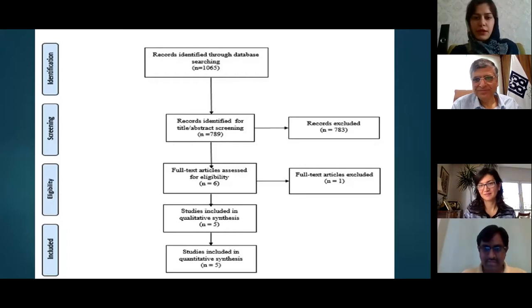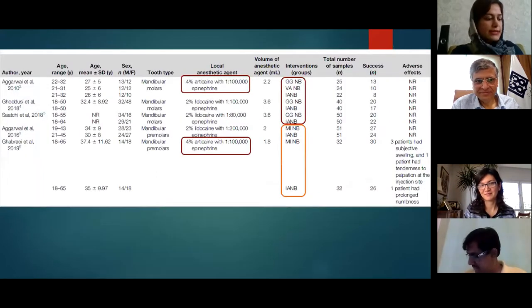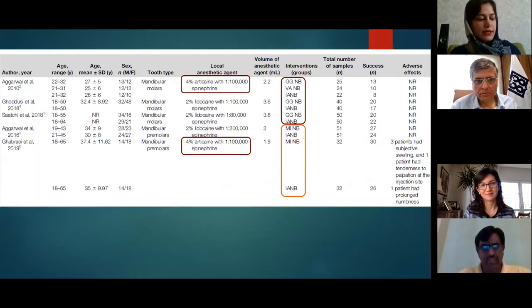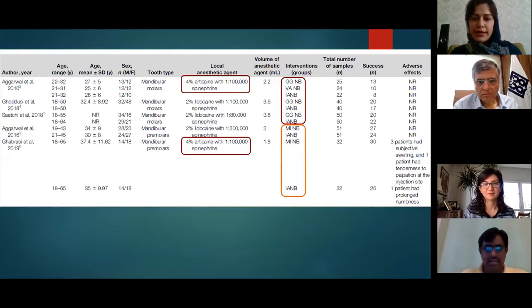Yes. In this table, the brief characteristics of the included studies are described. The data extracted are the author and the year of publication, age and sex of the patient, the tooth type being treated, the agent and the volume of the local anesthetic used, and the intervention group.